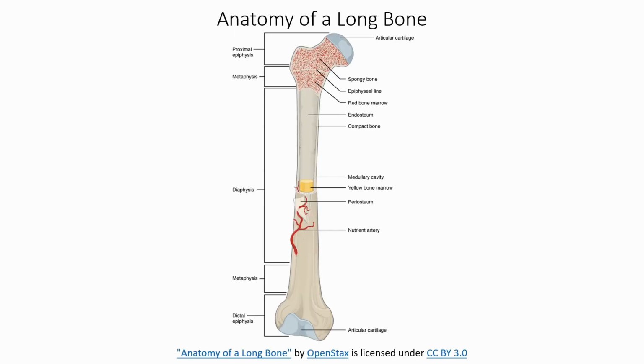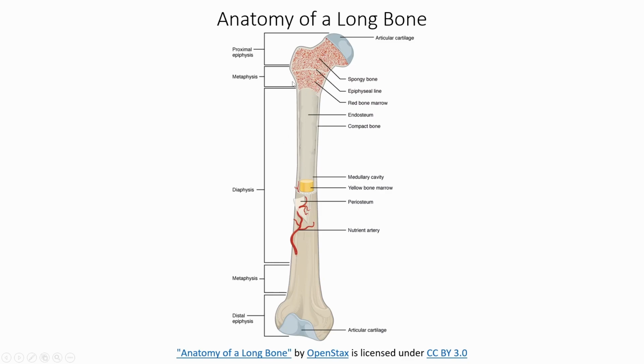So let's take a peek at our long bone. In this case, we're looking at a femur, and we have some cutaways, but we see our epiphyses. Here's the one, the proximal one, the one that's closest to the hip. Here is the distal epiphysis down here towards the knee. We have two metaphyses, right, kind of where that knobby end starts to become a longer shaft.